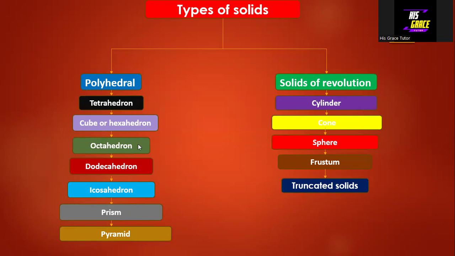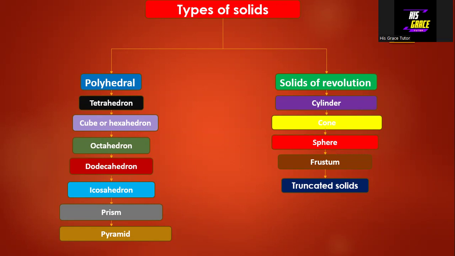I believe you are familiar with most of these polyhedral solids. Then we also have solids of revolution. Among them, we have cylinder, cone, sphere, frustum, and truncated solids.